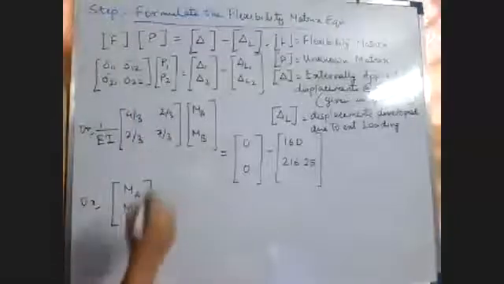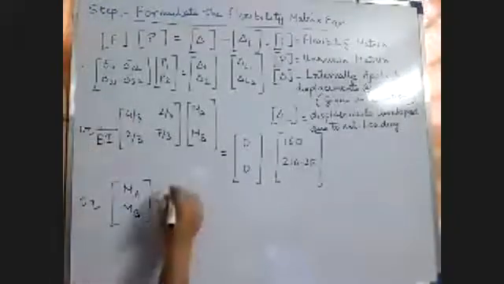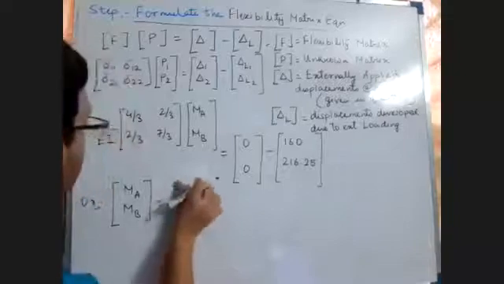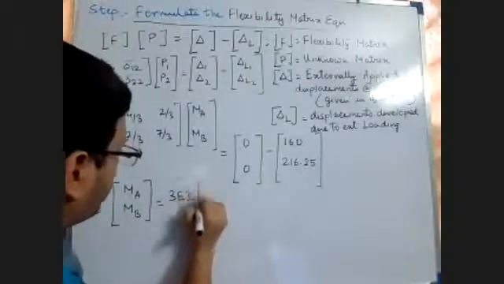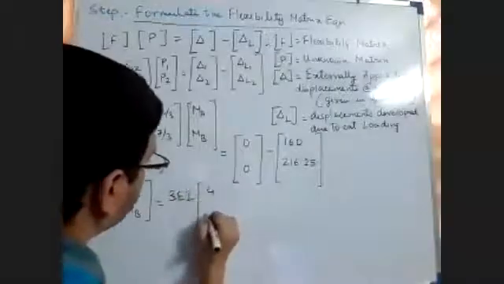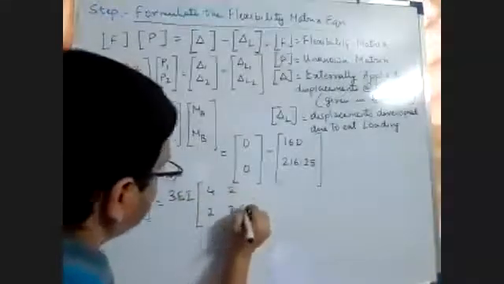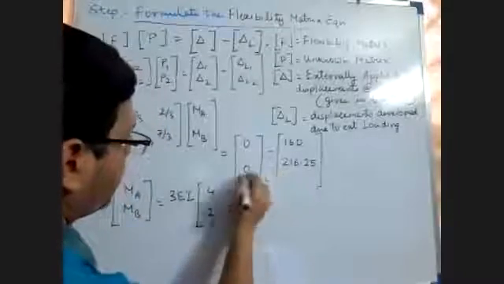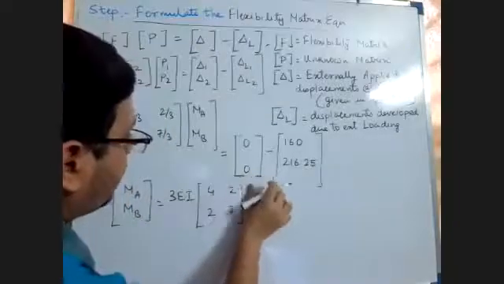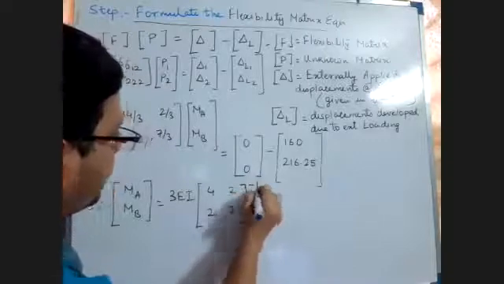You have to do the inverse. So 3 EI, 4, 2, 2, 7. So we have to do the inverse of this matrix. I told you that some matrix operations you have to remember.